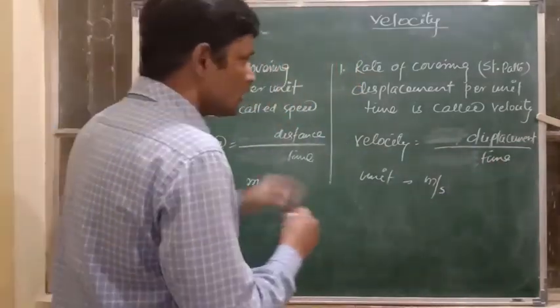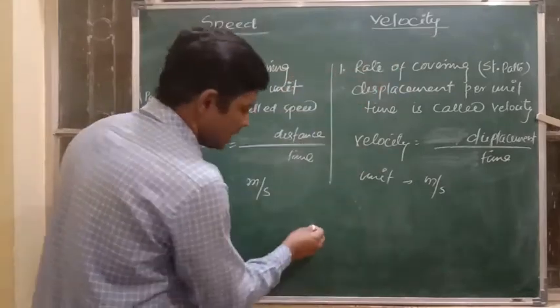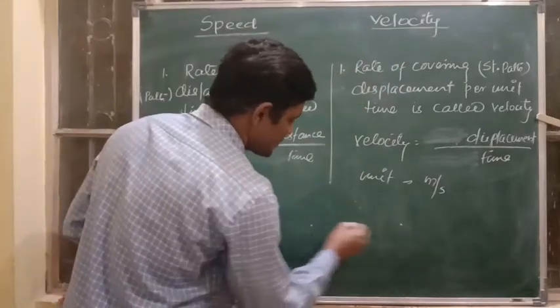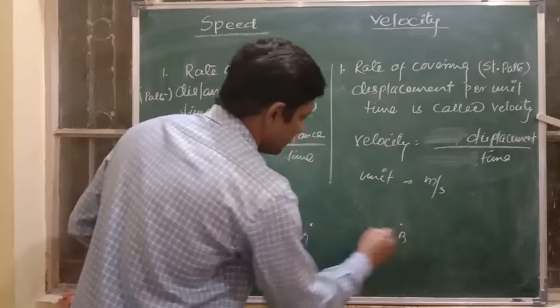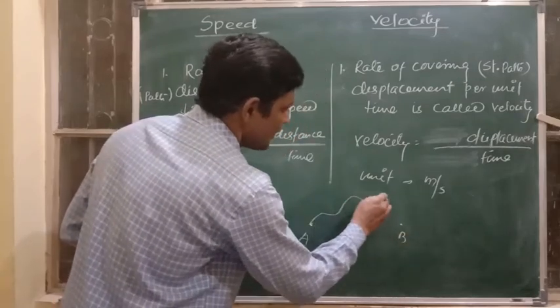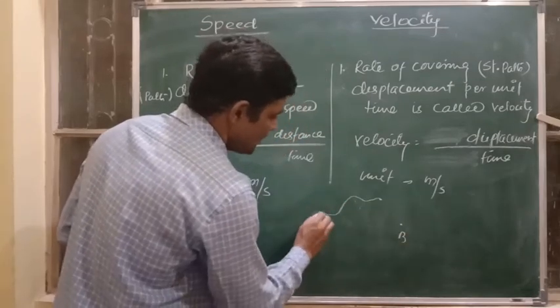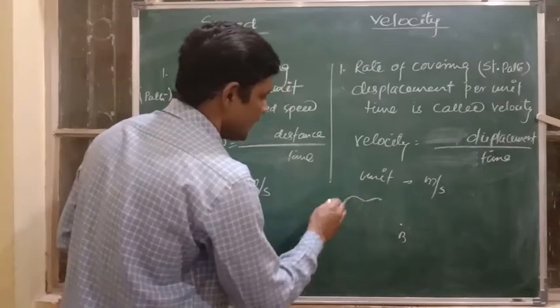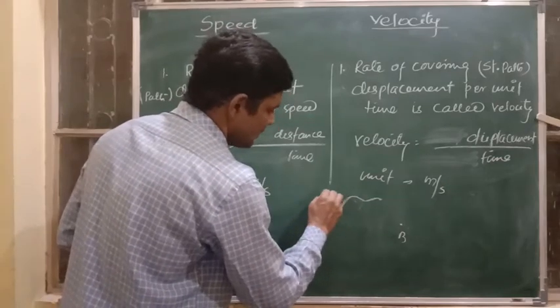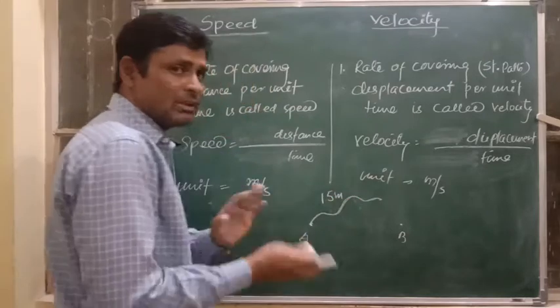To understand this in a better way, suppose an object has to travel from A to B, and during 5 seconds it travels up to this point C. The total path length covered during 5 seconds is 15 meters, and the time taken is 5 seconds.